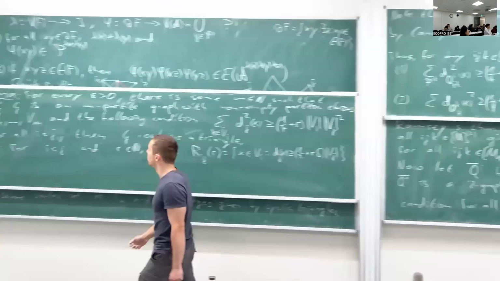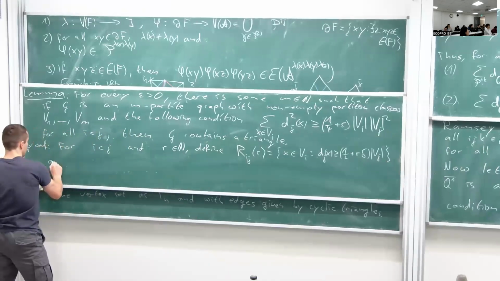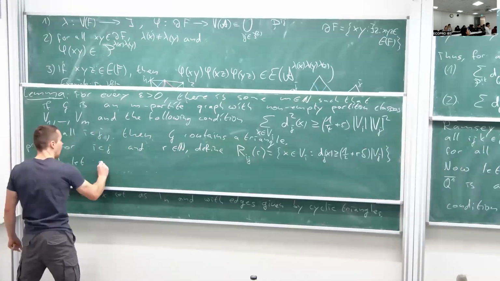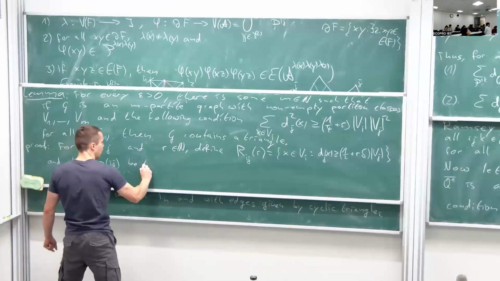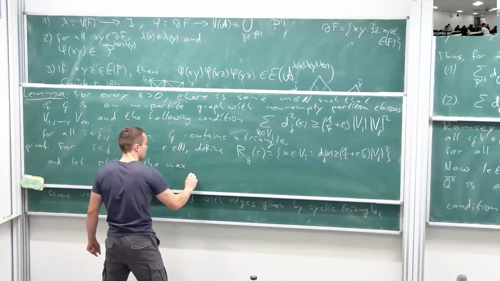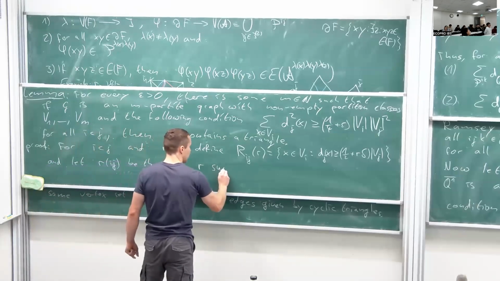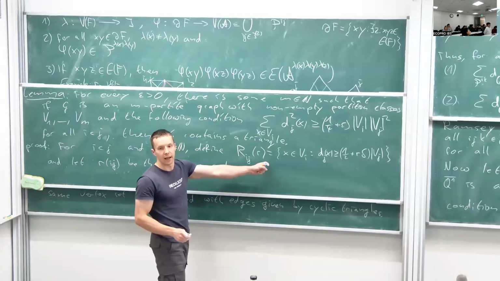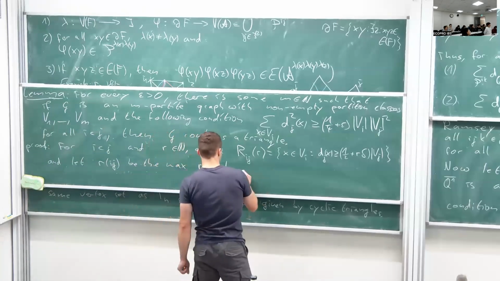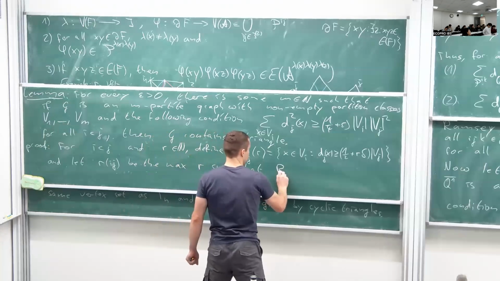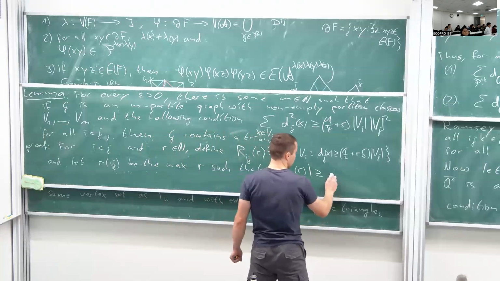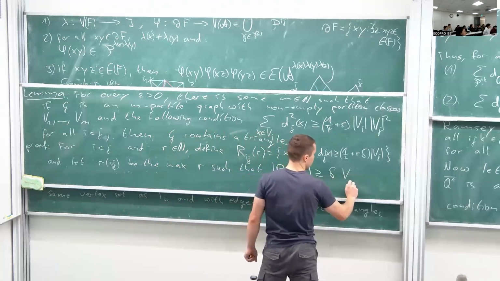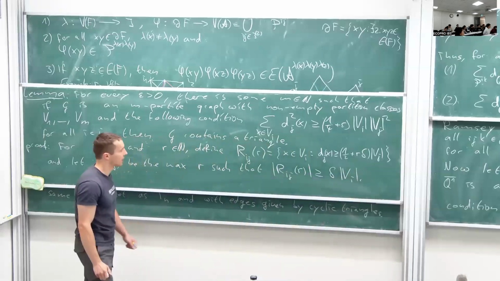And let r_ij be the maximum r such that this set still has reasonable size. And by reasonable size, I mean delta times the size of Vi large. Okay, and I didn't tell you what the delta is.